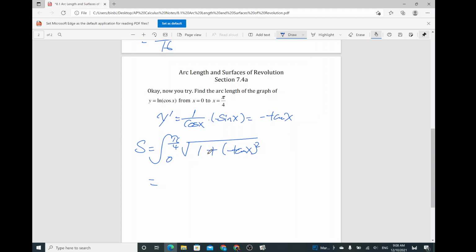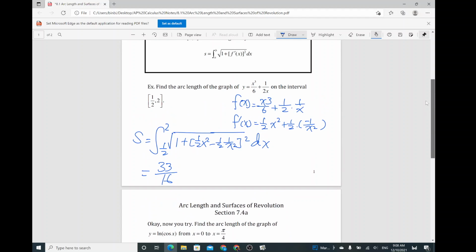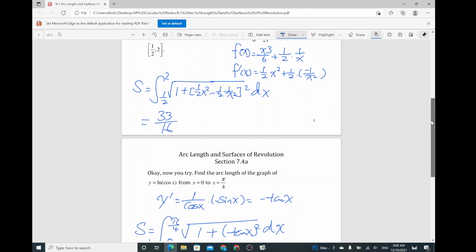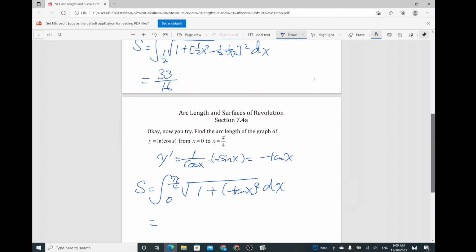Okay, so making sure that we follow through the formula and also the indicator, dx. Okay, so the formula right there. So 1 plus tangent squared of x is exactly secant squared of x, using the Pythagorean identity. So square root of secant squared of x would be secant of x.